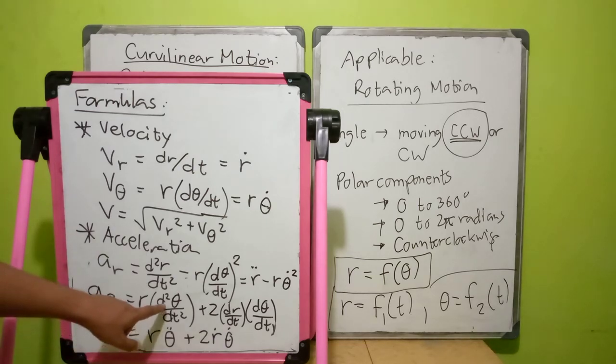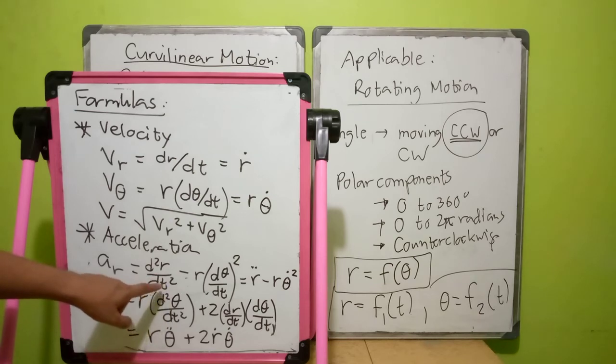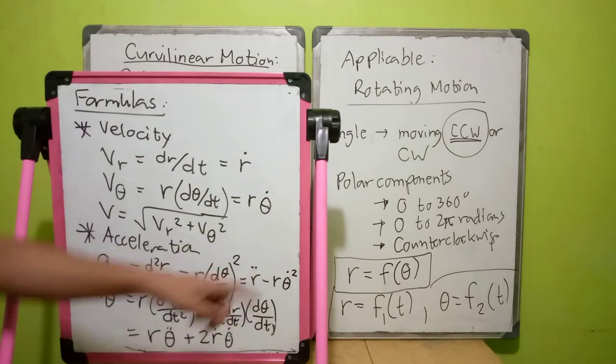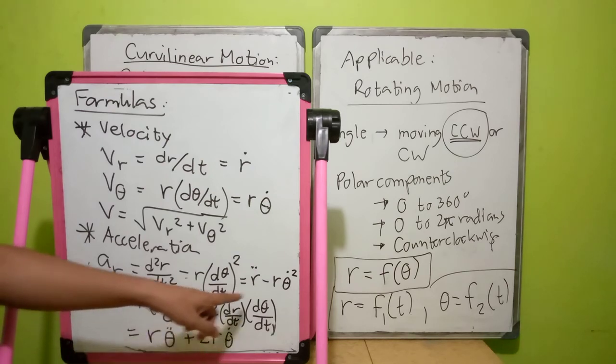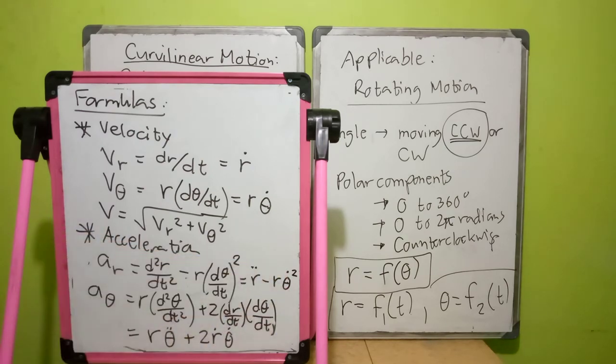That's why d squared r over dt squared is equivalent to r with a double dot at the top, and d theta over dt is theta with a single dot at the top. One dot represents the first derivative with respect to time, and a double dot means the second derivative with respect to time.